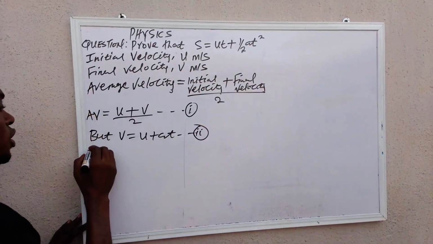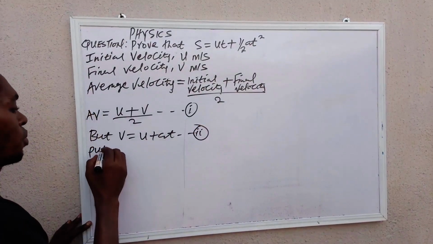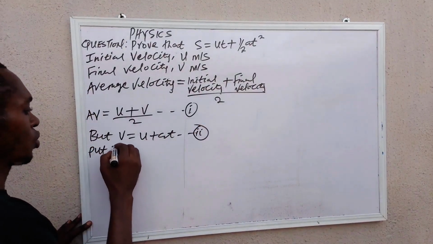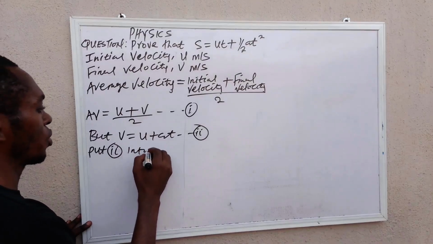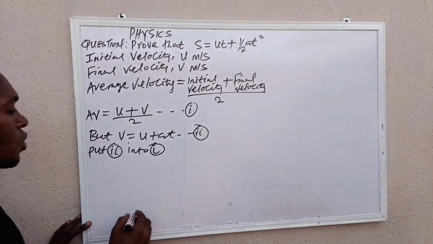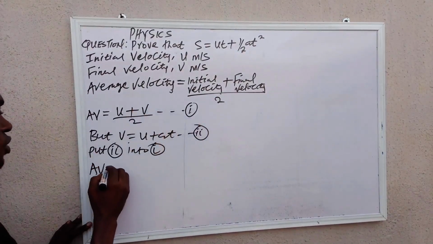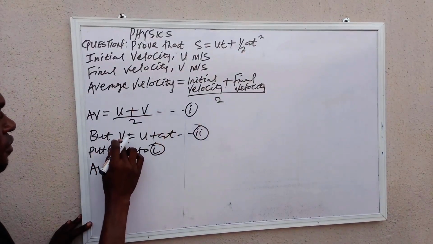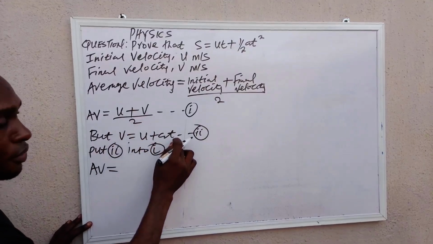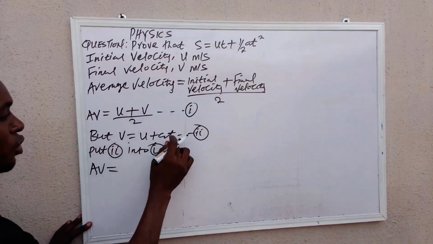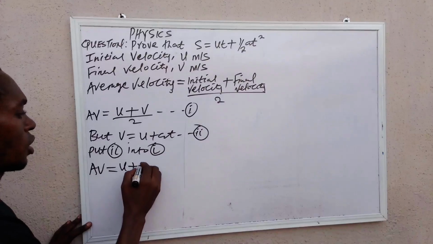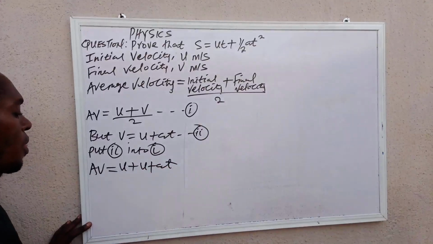What we do next is put II into I. So AV is going to be, wherever I see V, I'll write U plus AT.